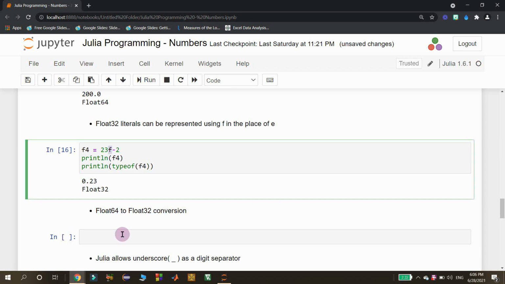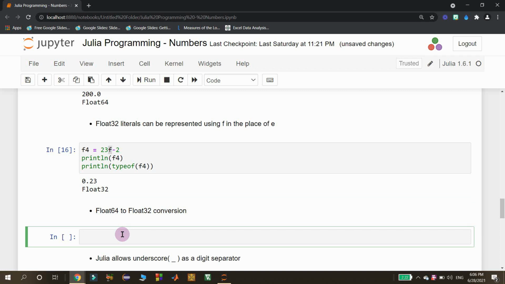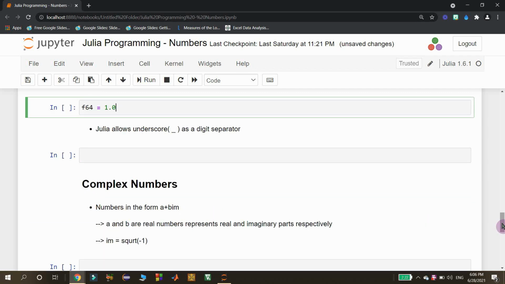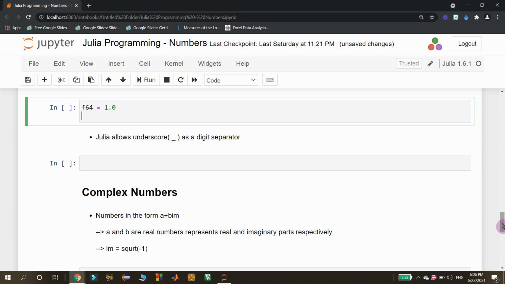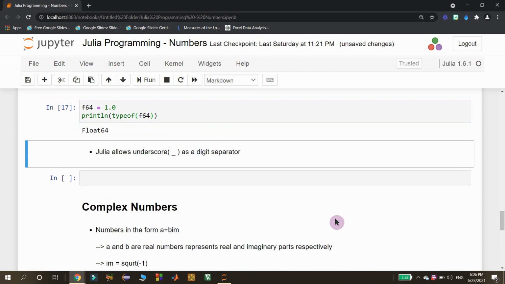Julia also has a built-in function, float 32, to convert a 64-bit floating point number to a 32-bit floating point number. I am taking a variable f64 and assigning a value 1.0 to it. Then I display the type of that variable, and we got float 64.